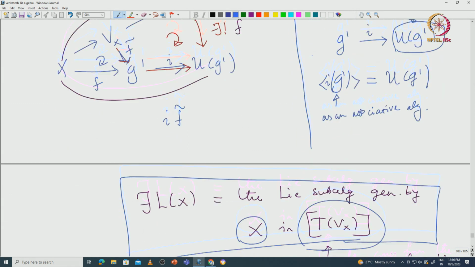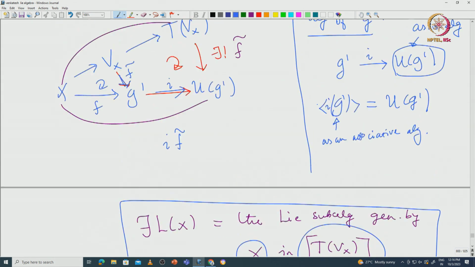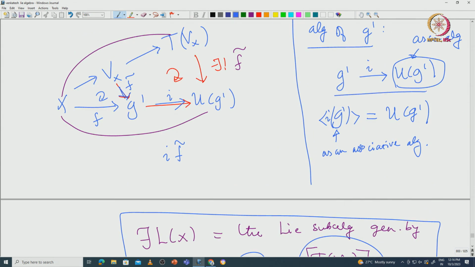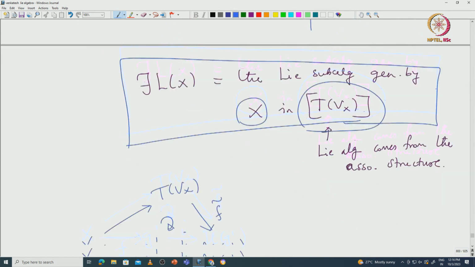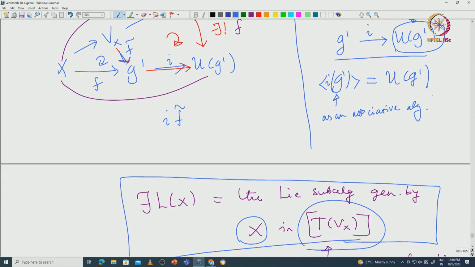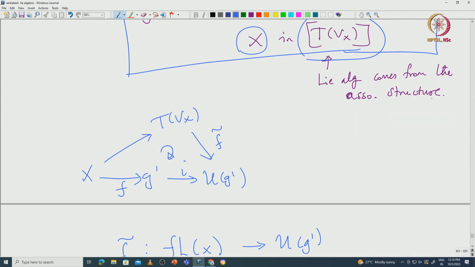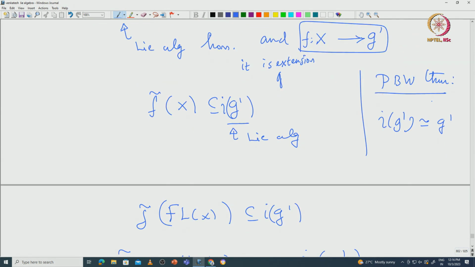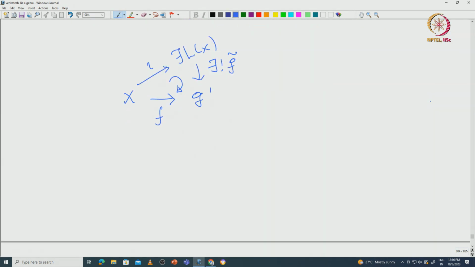Okay. And it is a big theorem: the map that we have, this I, is indeed an injective map, okay, and that is a Lie algebra homomorphism. So, this PBW theorem I am not going to prove in this course, you can read it from Humphreys. But how do you construct the universal algebra?